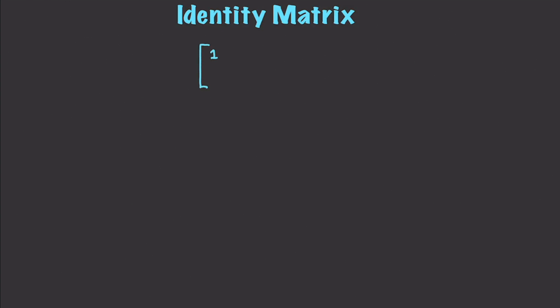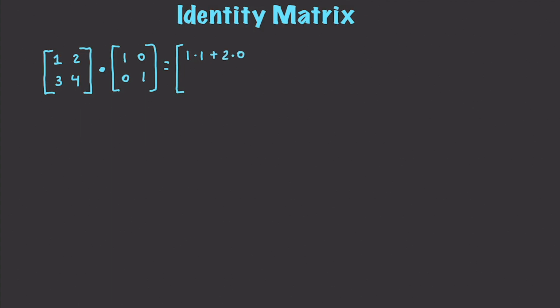So 1 and 1 and 0 and 0. As you can see, the 1s go in the diagonal, and everywhere else you get zeros. You have seen these before. Now they are normally going to be abbreviated like I2, and because they're always square, of course, this means that this is a 2 by 2 matrix, but we just abbreviate it.